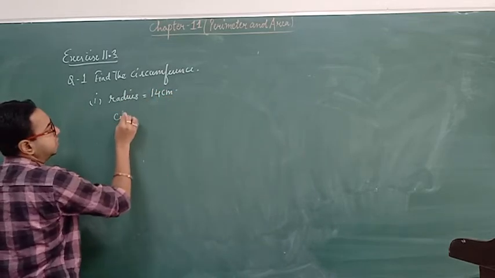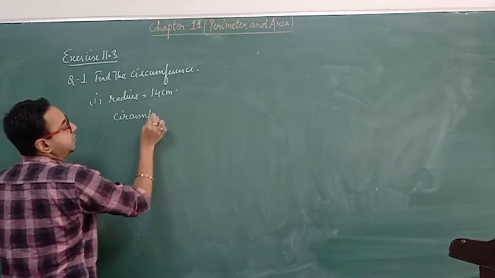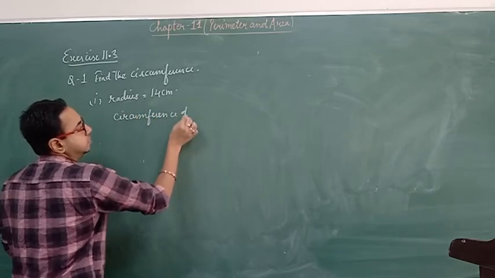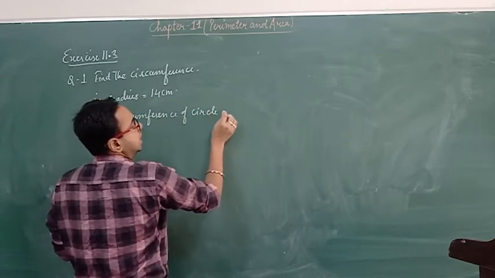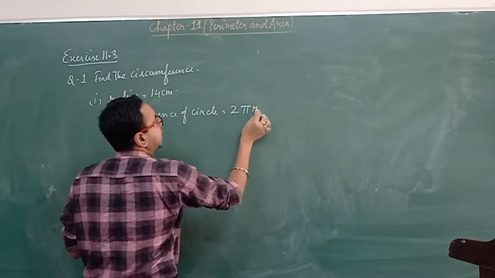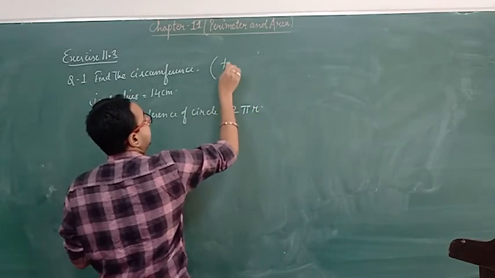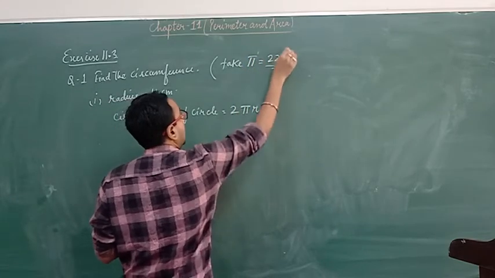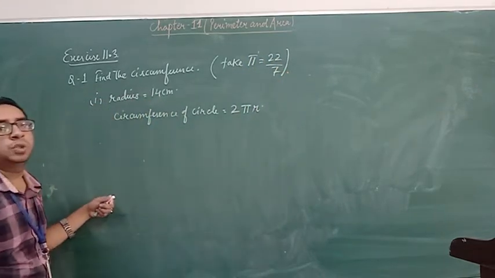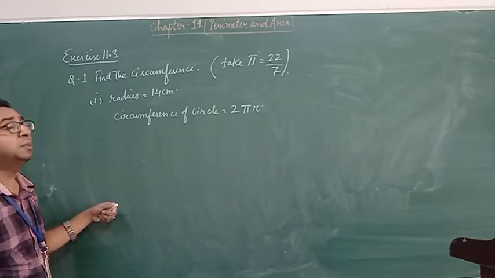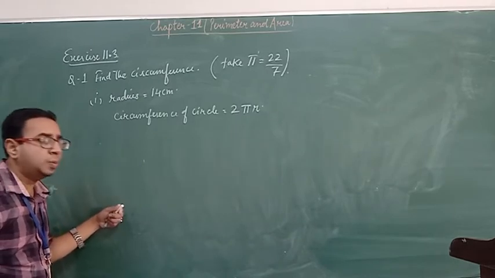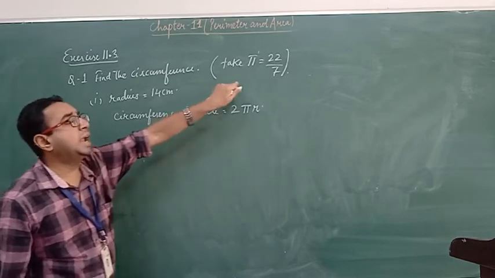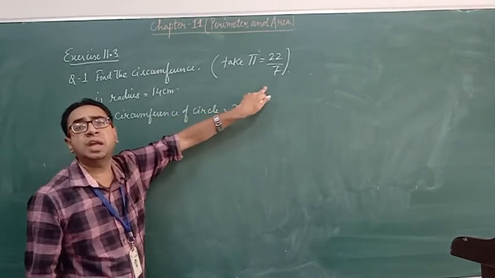What is the formula of circumference of a circle? Circumference of the circle is 2 pi r. And in the question he has clearly given, take pi equal to 22/7. What is given in the question, you have to do the question accordingly. If it's not mentioned, you can take any value, but if it's mentioned, it's your obligation to follow that value only.